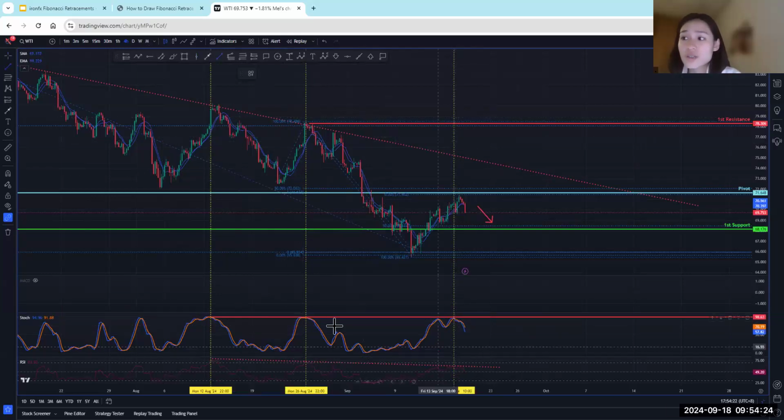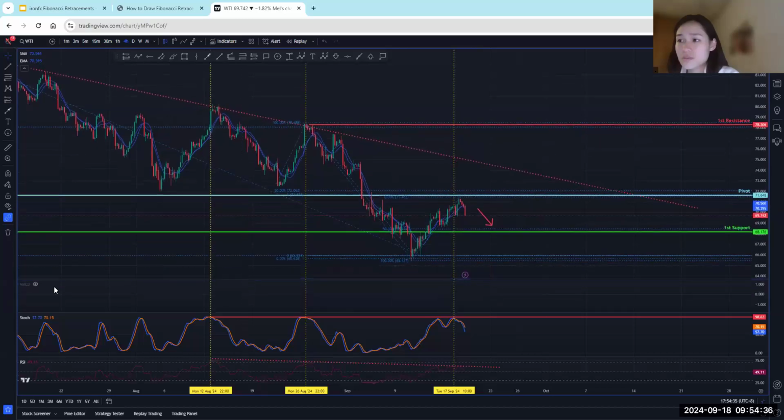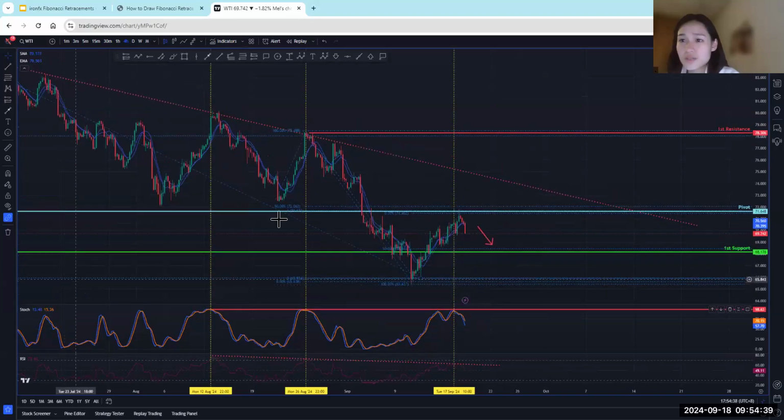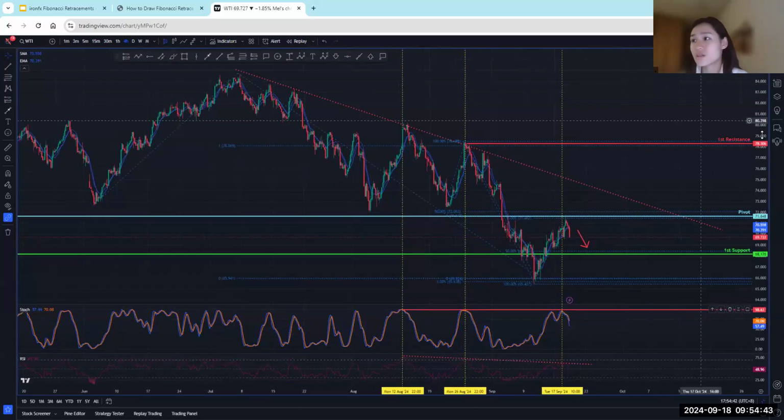So not making lower highs, but just maintaining at that level. So yeah, this also supports our bearish analysis. Remove MACD for now. Okay, that's for WTI.